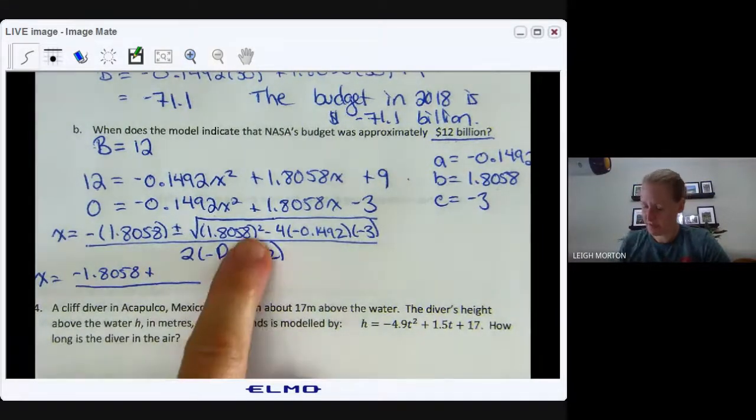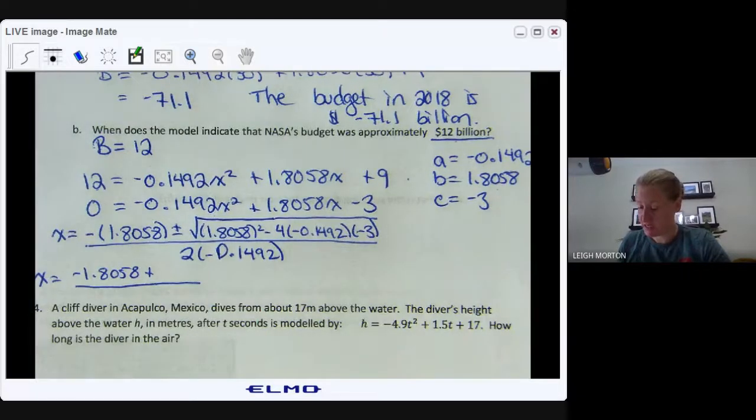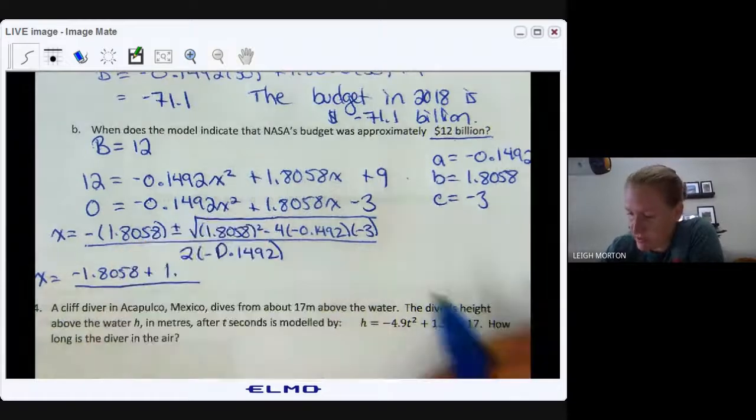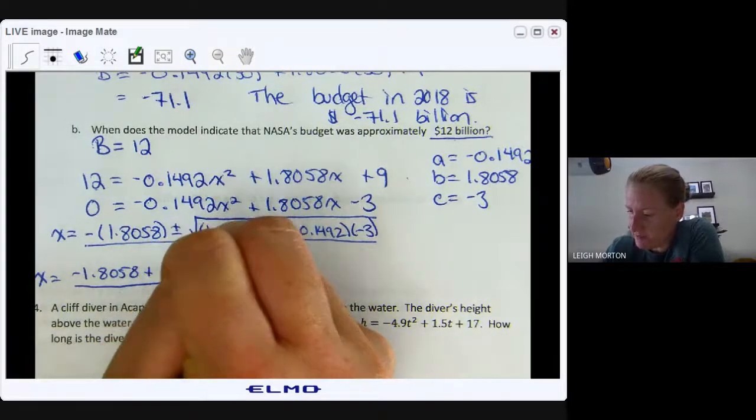Okay, so I'm going to simplify my discriminant. And I get that it's 1 point, I'm going to go to 2 decimal places here, guys, 2, 1.